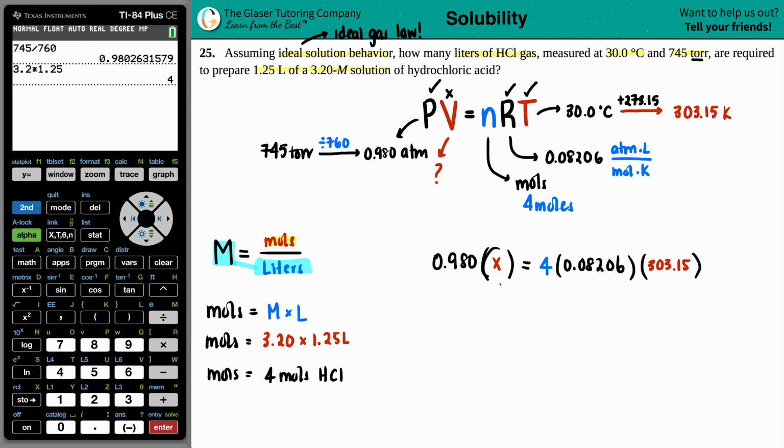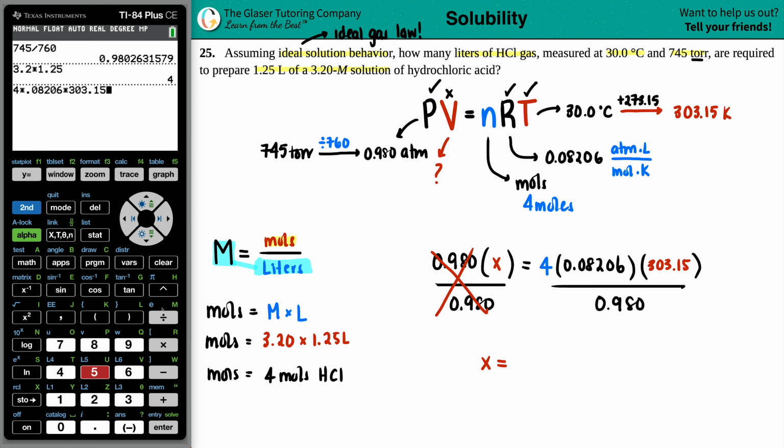I want to solve for that volume, so all I have to do is divide by the pressure on both sides, which is the 0.980. Cross that off. And now we're left with X equals, let's see, I'm going to plug this all in. I got the 4 times 0.08206 times 303.15, and then I'm going to divide by that pressure. I'm going to use the whole number up here just to get a more exact value, and press enter.